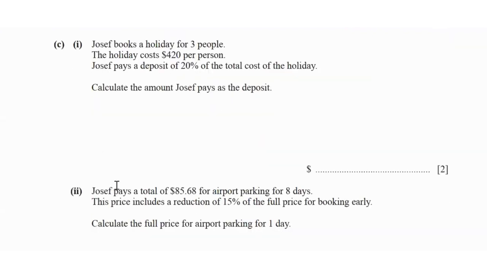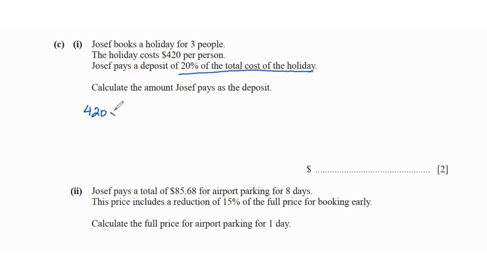Joseph books a holiday for 3 people. The holiday costs $420 per person, and Joseph pays a deposit of 20% of the total cost of the holiday. Calculate the amount Joseph pays as the deposit. So he's booking the holiday for 3 people, and per person cost is $420.